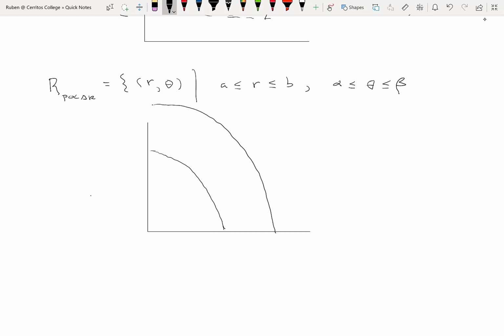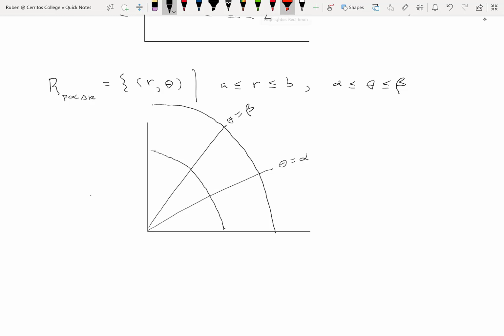Okay, and let's have theta vary between alpha and beta. So there's theta equals alpha, and here's theta equals beta. So our polar rectangle, if you will, is this.